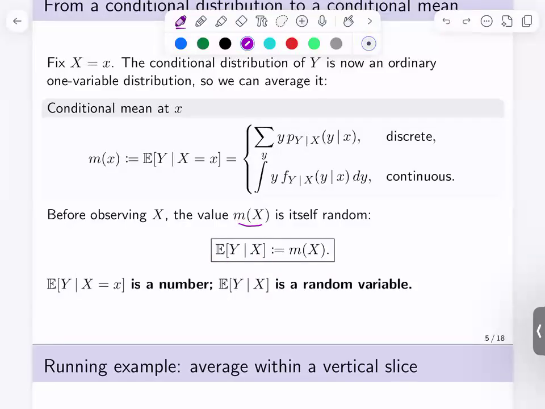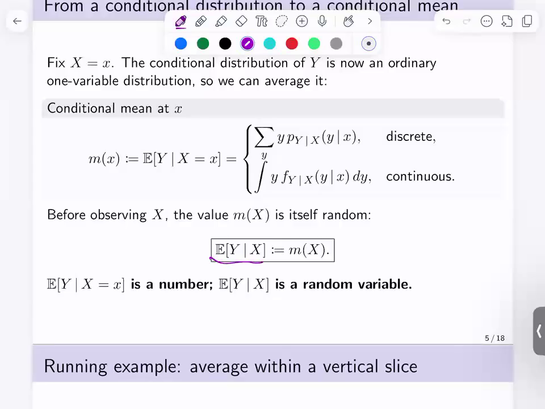This is really the functional form, but evaluated at the random X. We haven't seen X. If I don't see X, you can think of the conditional mean as a random variable. This one is a number. This one is a random variable, which is just that functional form evaluated at the random X. So far, so good.